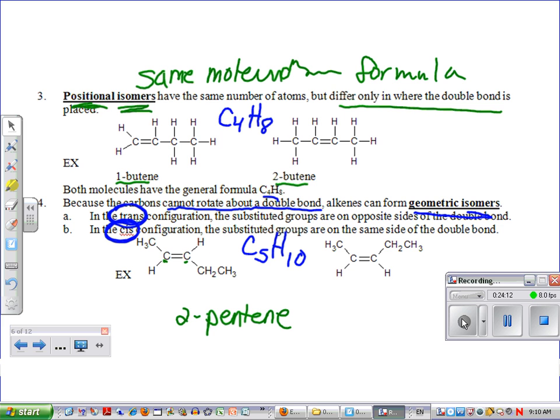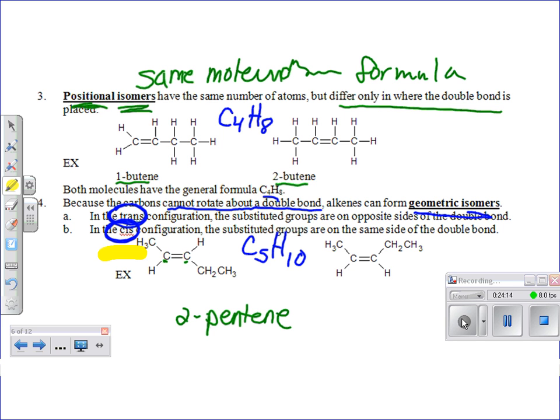Okay, so we see, if I were to draw a line separating that double bond there, here I'll do it for both of these guys. So think of that as a line. We've got this carbon group here and these guys here on separate sides of that double bond. Since they're on opposite sides, trans tells us that they're on opposite sides.